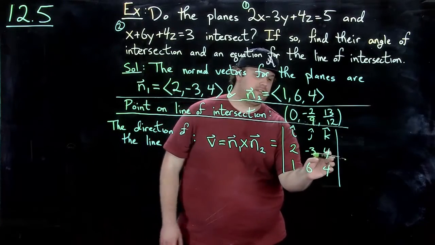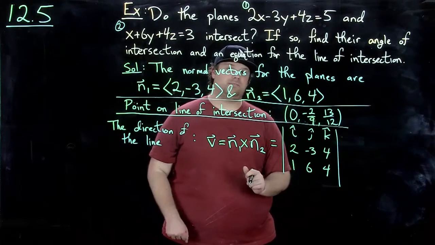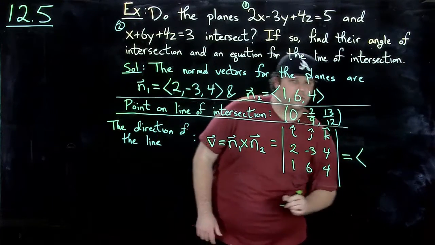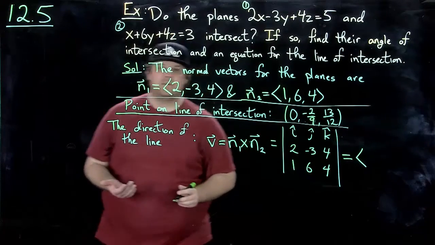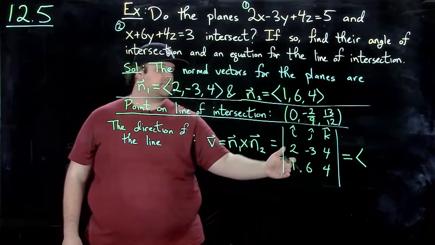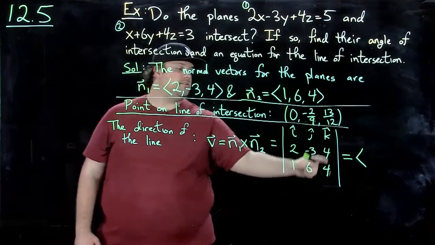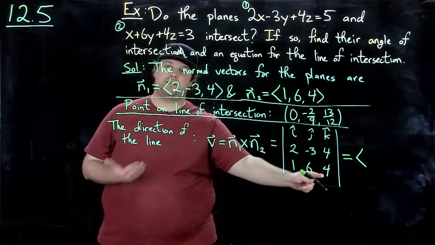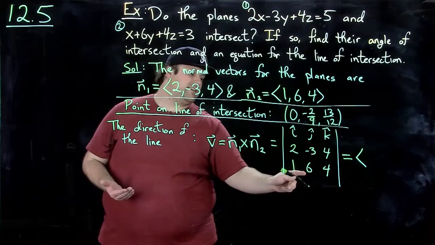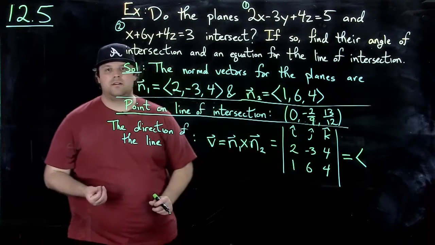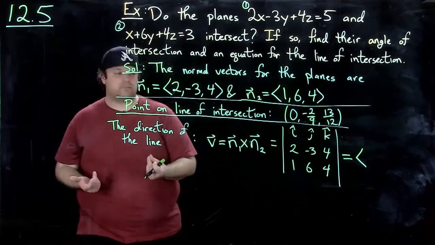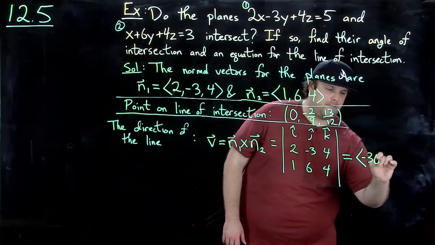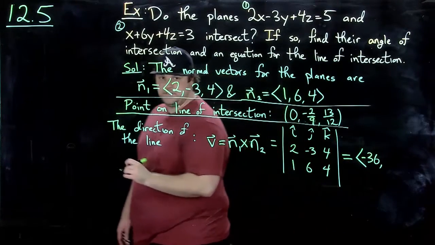Okay, so let's compute this cross product now. Remember the first one, we're going to suppress the first column and first row and do this little 2 by 2 here. Negative 3 times 4 is minus 12, minus 6 times 4, that's negative 12 minus 24. So that's going to get us a nice big negative 36 for the first component.